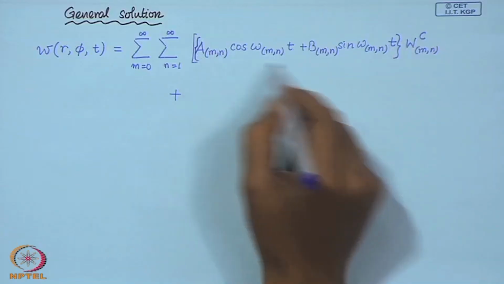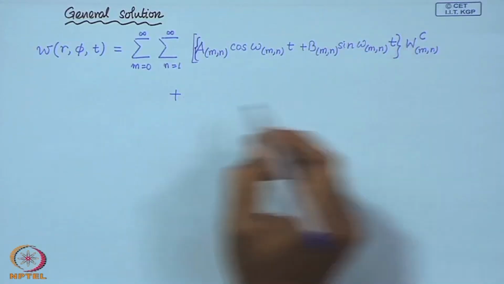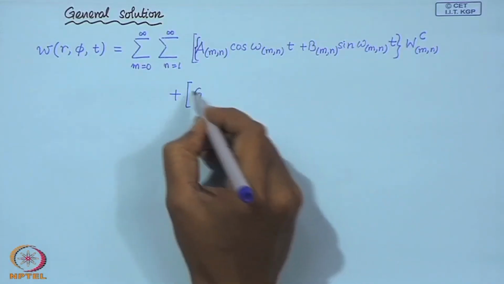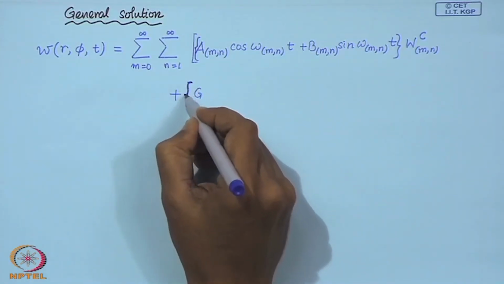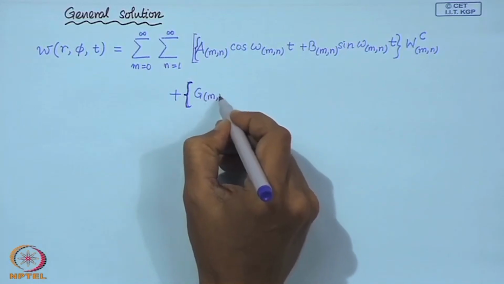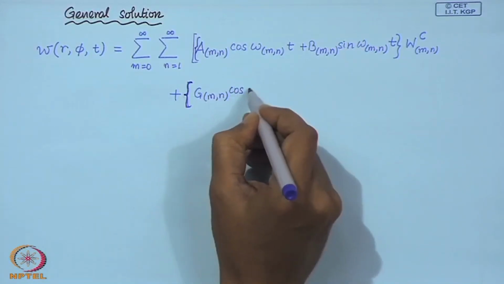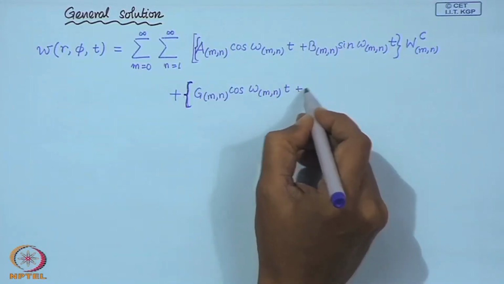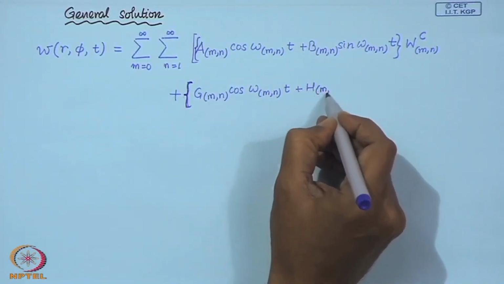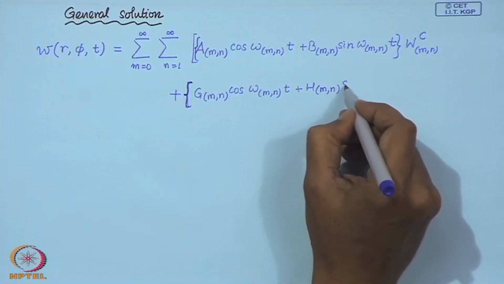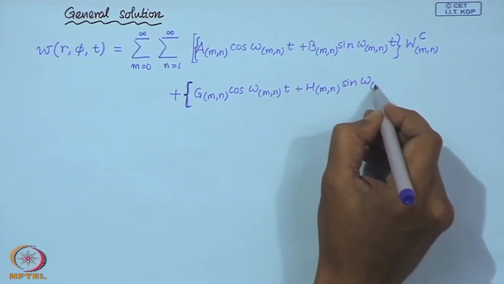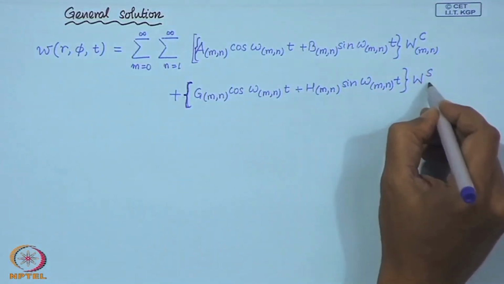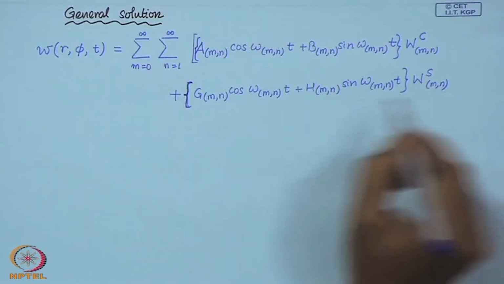This is the coefficient of the cosine mode, plus we have also the sine mode. So, that is the general solution.